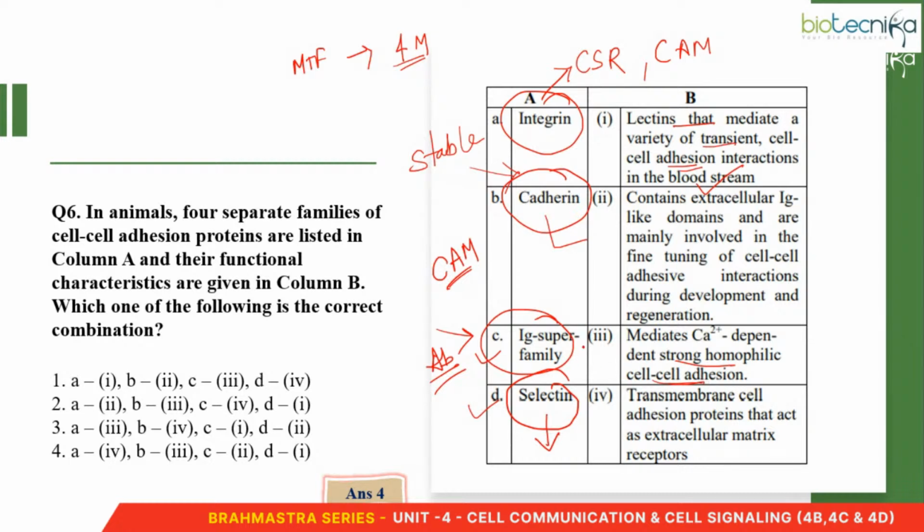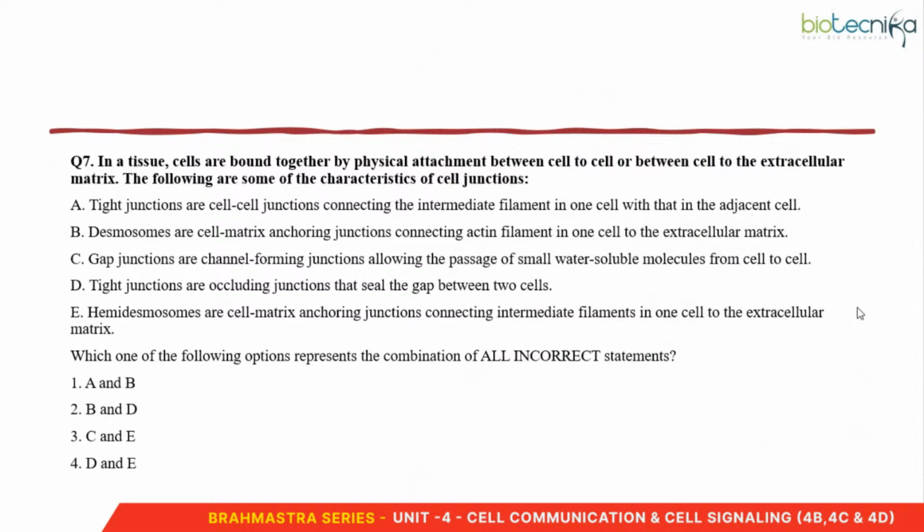Immunoglobulin superfamily will have immunoglobulin-like domains and is required during development and regeneration. Integrins, as I told you, is an example of a cell surface receptor cum CAM. It is the only receptor to which your ECM proteins can go and bind. So ECM proteins will serve as the ligand over there. Got it? Okay, anyways, all of you have given the correct answer.